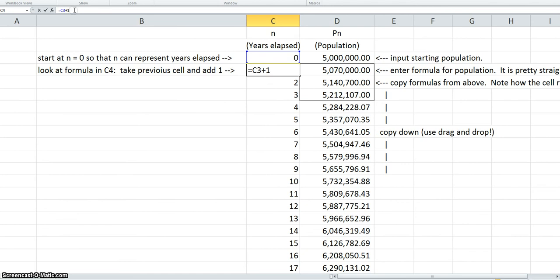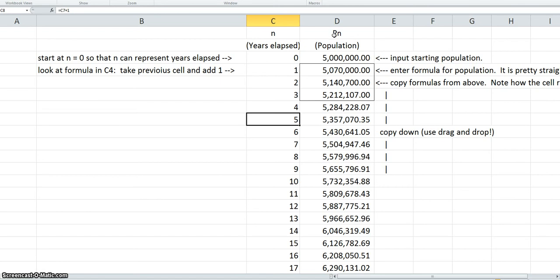If you look up in this little formula box up here, it says it's the cell above me plus 1, and then I copy that down. I just filled it down, I'm not sure exactly how many rows, but I copied it down a lot of spots, and then went over to program the population column.